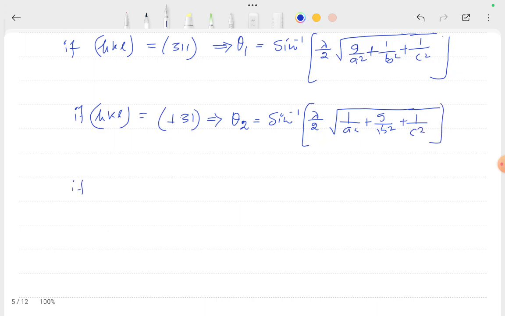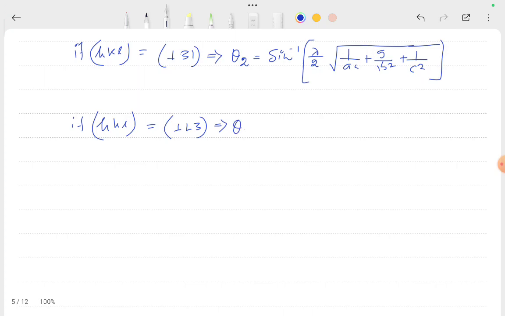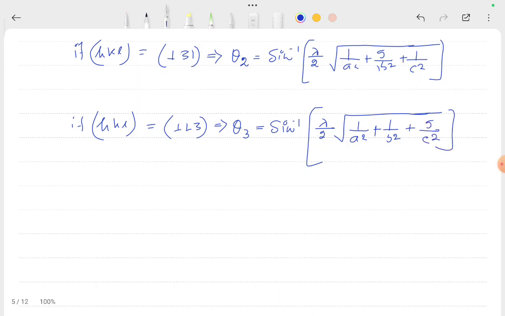And similarly, if HKL equals 113, then we get another angle theta 3 equal to sine inverse of lambda by 2 into 1 upon the square root of 1 upon a square plus 1 upon b square plus 9 upon c square.